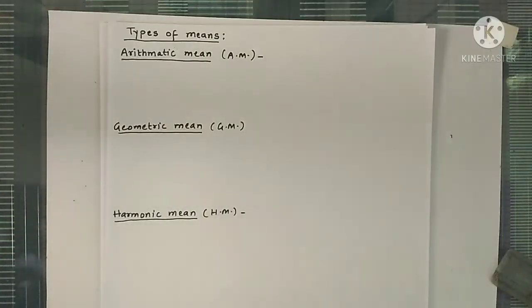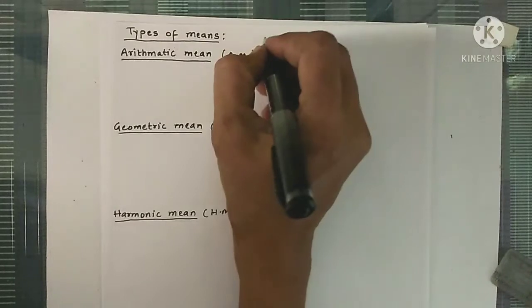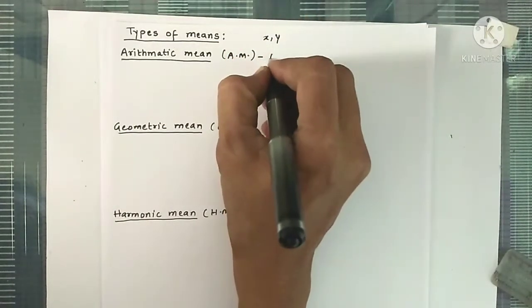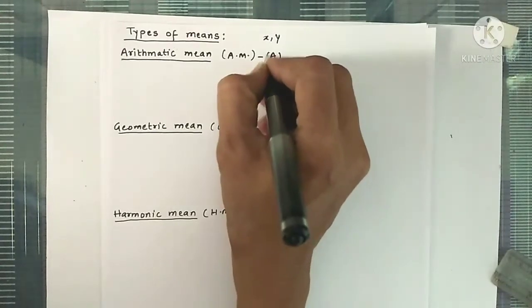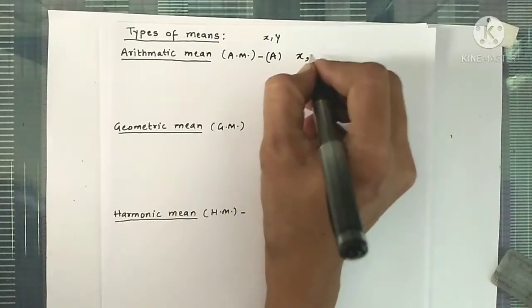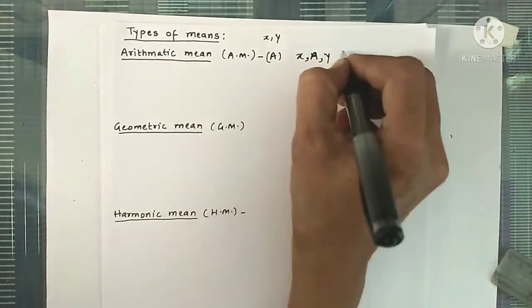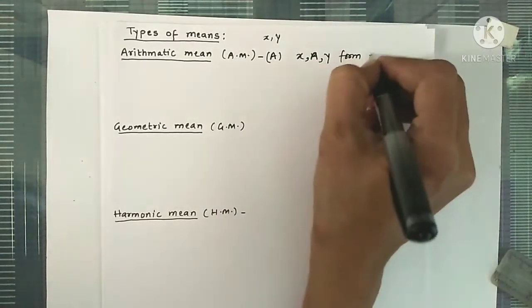Students, in this video we are going to study types of means. So first one is arithmetic mean. Now if we have two numbers x and y, then their arithmetic mean is denoted by A, and A is arithmetic mean when x, A and y form an AP.